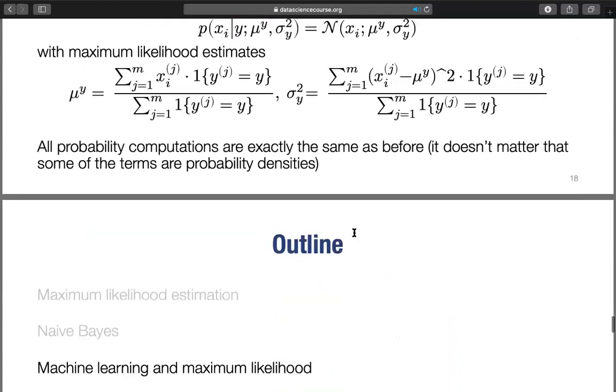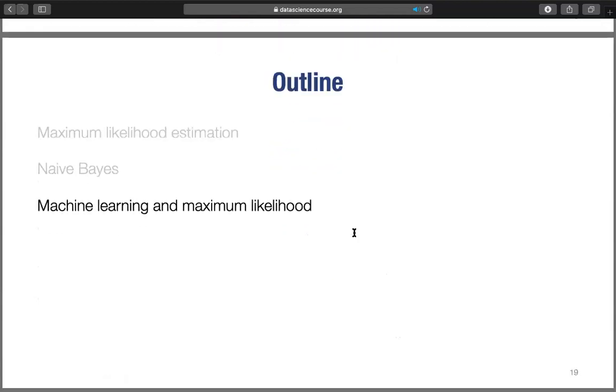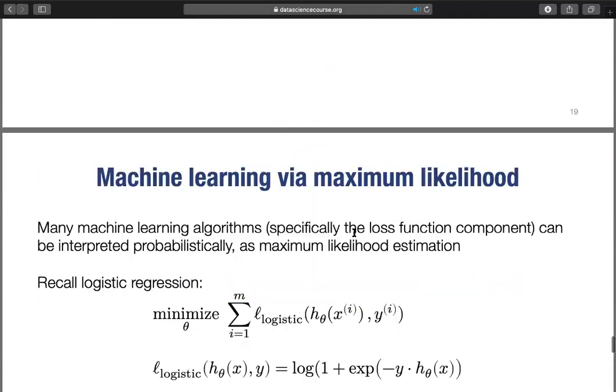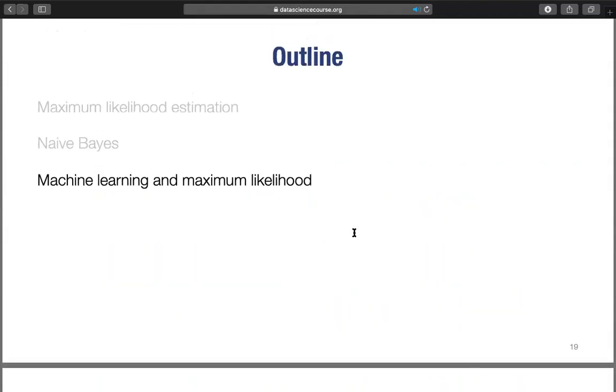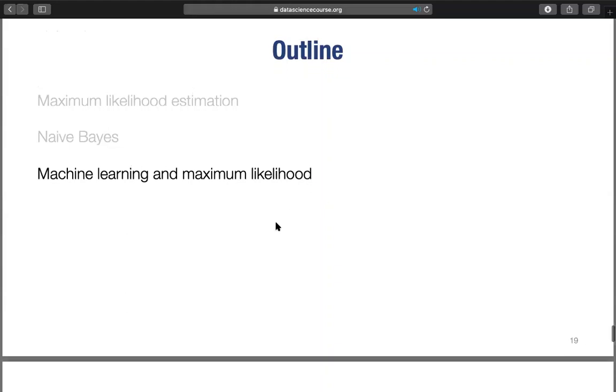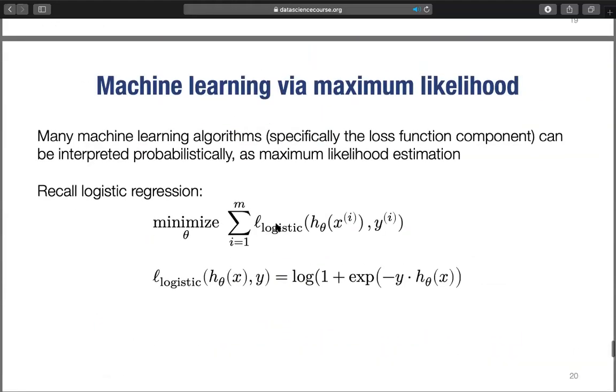Okay, so now let's talk about the application of maximum likelihood in some other machine learning algorithms. Let's take, for instance, logistic regression. Earlier, we discussed logistic regression, right?